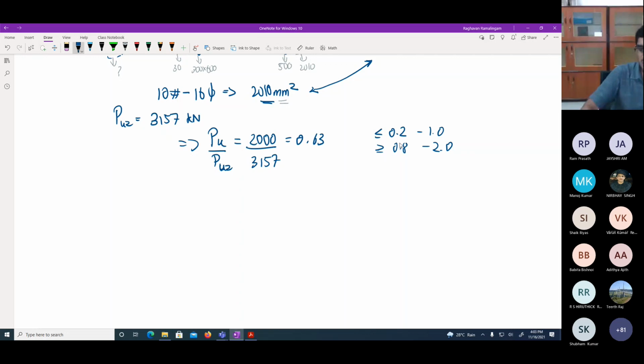So basically I'll be getting 0.43 by 1 into the point.